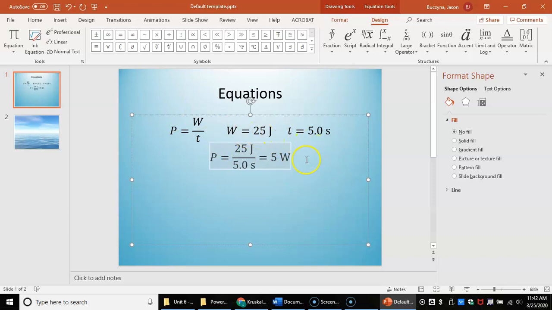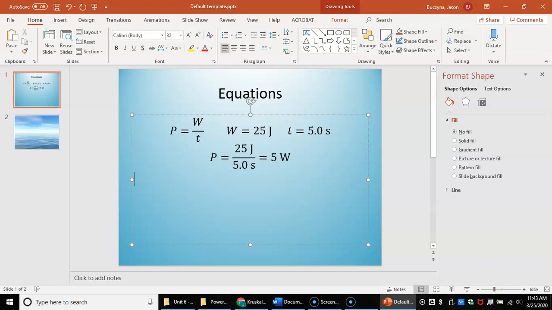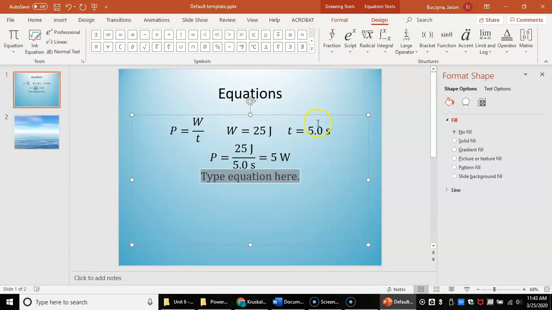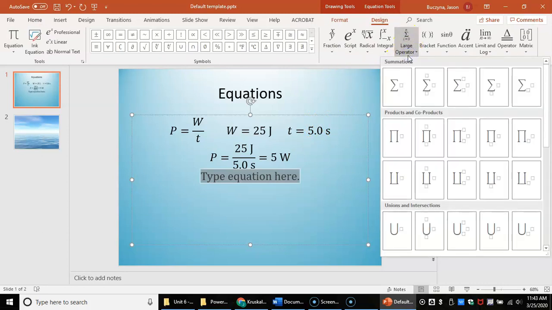So that's another reason for distinguishing between non-italicized units and italicized quantities, which is easy to do in Equation Editor. You can also do sums. For example, Alt equal, getting back to Equation Editor, works in Microsoft PowerPoint as well. I can go to these sums, and I can do it either with or without indices.